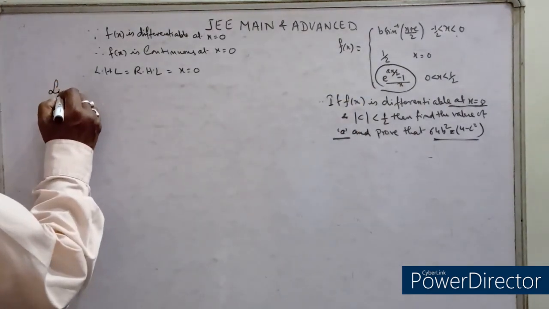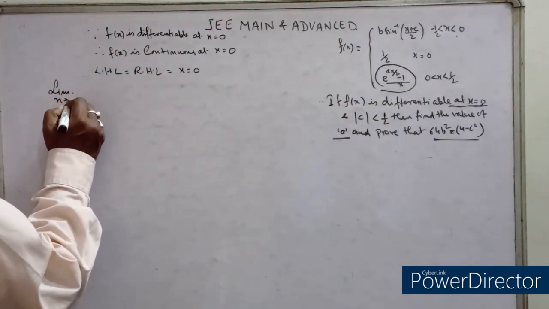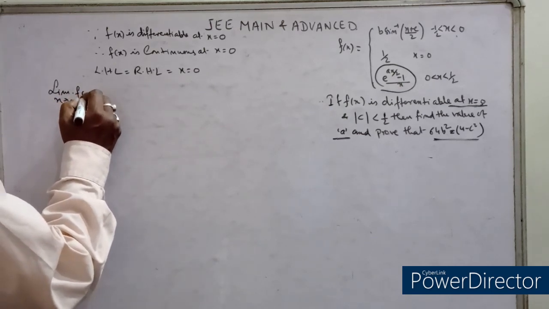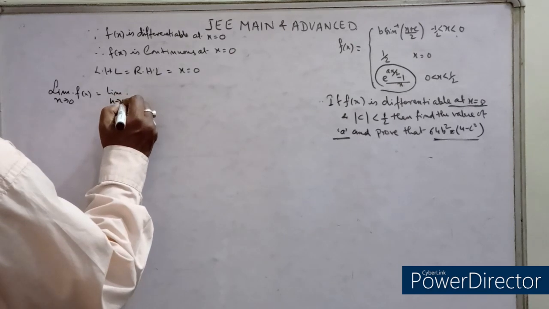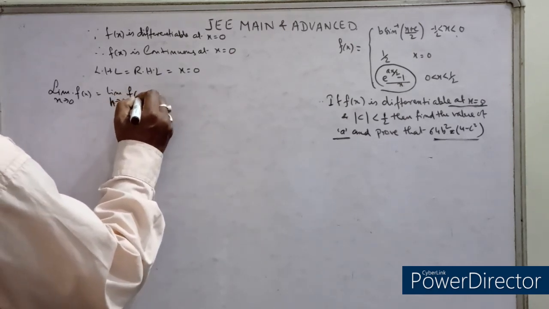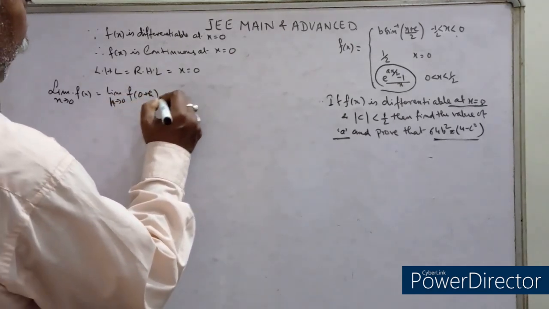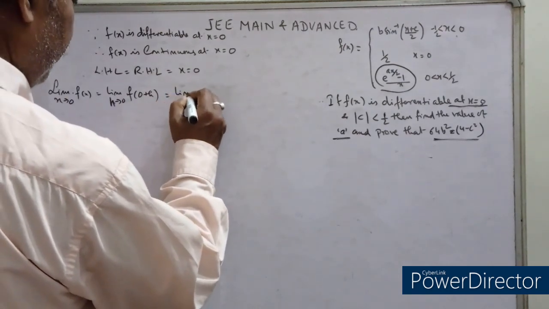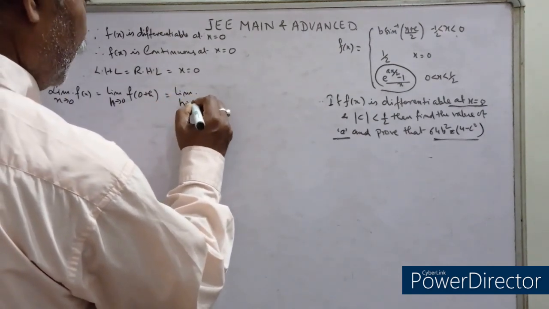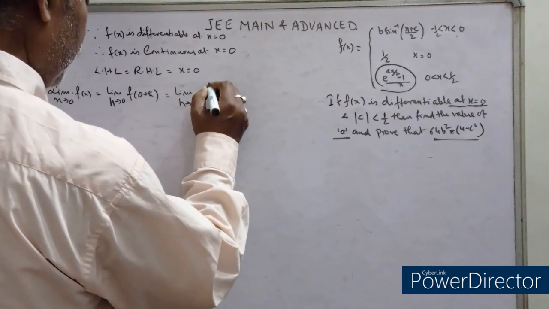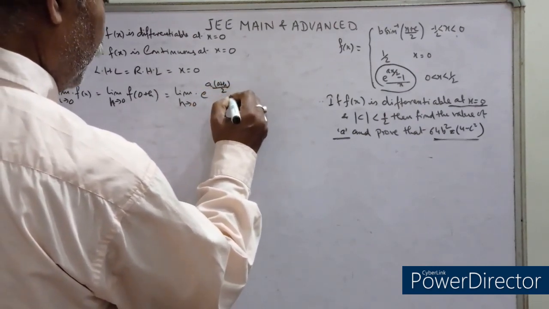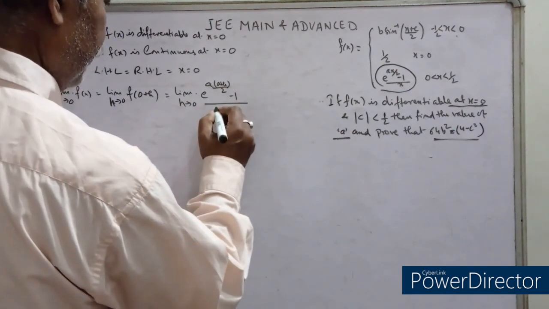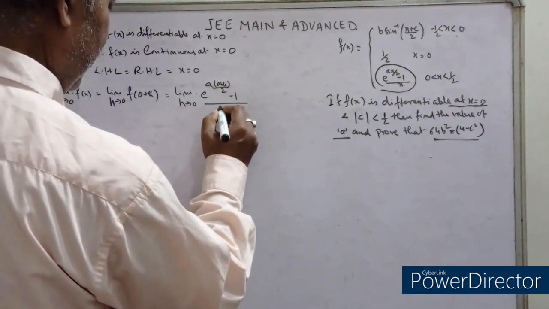The right hand limit as x tends to 0 of f(x) is equal to the limit as h tends to 0 of f(0 plus h). So this will be the limit as h tends to 0 of (e to the power of a(0 plus h)/2, minus 1) by (0 plus h), that is h.